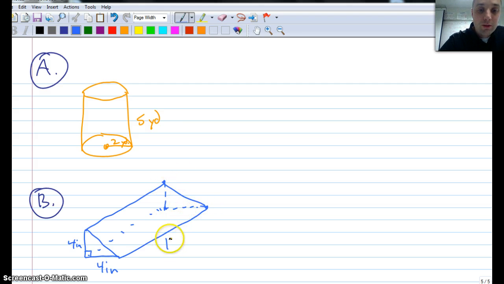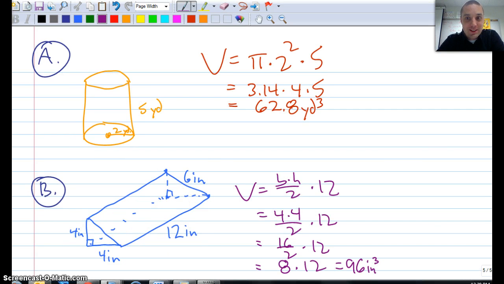And it's going to have a height of 12 inches. And then our hypotenuse of this right triangle is going to be 6 inches. So find the volume for both of these. Team up with your table partner. Pause the video.